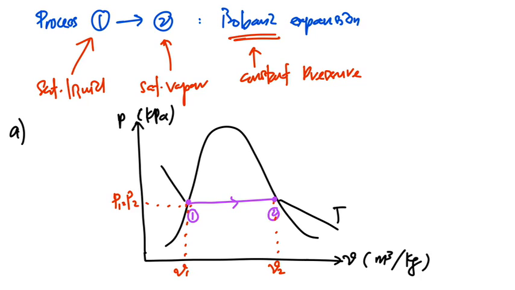Then you will have the curve representing the saturated liquid and saturated vapor line, and you may also put point 1 representing state 1 and point 2 representing state 2, shown in purple color of numbering and line. So you can have pressure 1 equal to pressure 2 on the line of temperature.